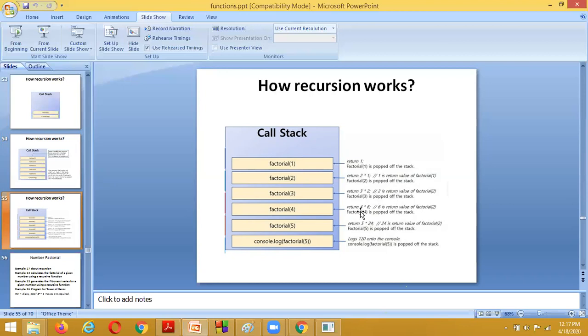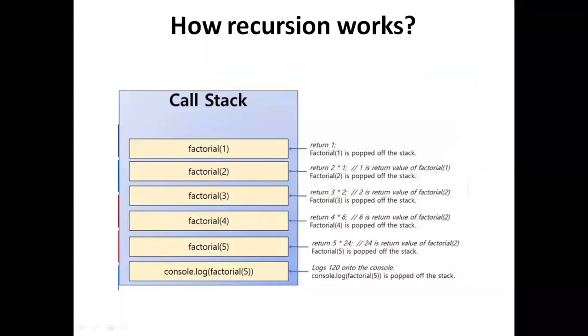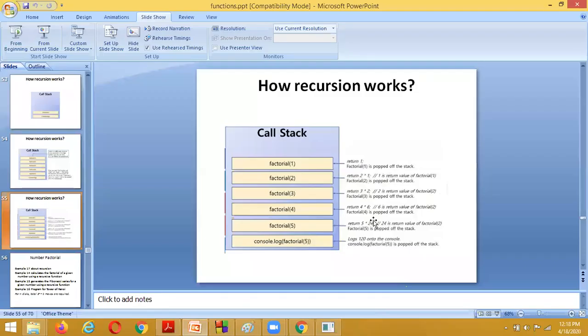After that it returns 4 into 6, which is 24. After that it returns 5 into 24, which is 120. That 120 is returned as the final output. And this is all about the factorial function using recursion.